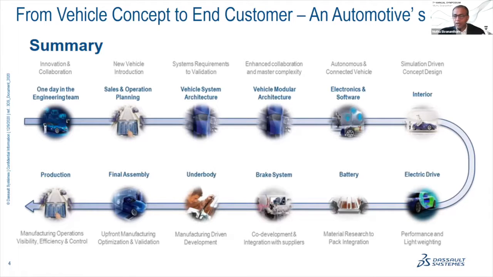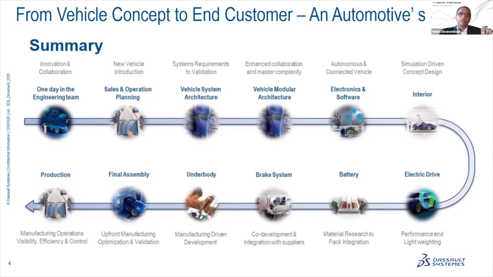Based on the customer demand, they come up with their S&OP, or sales and operations planning, at the very early stages, matching what my customer demand is in the next couple of quarters to a year, and how my supply network is, etc. They balance all this and come up with their S&OP plan. Then the engineering and design folks start into action, and they start doing their system architecture, vehicle modular architecture.